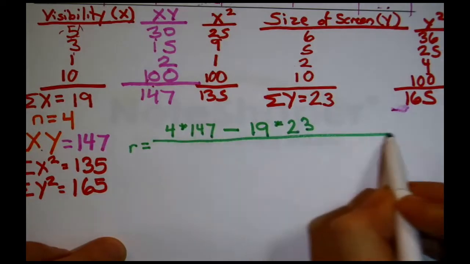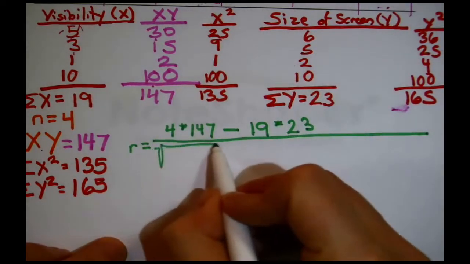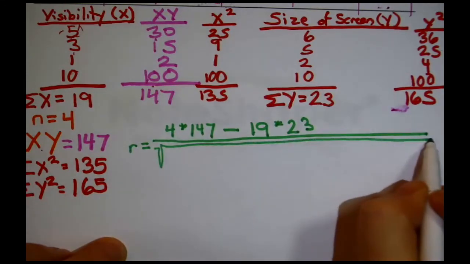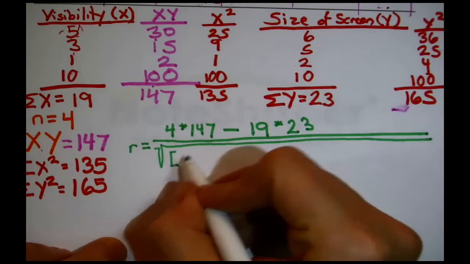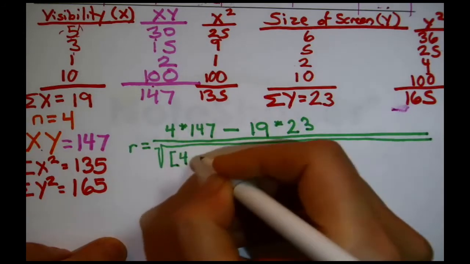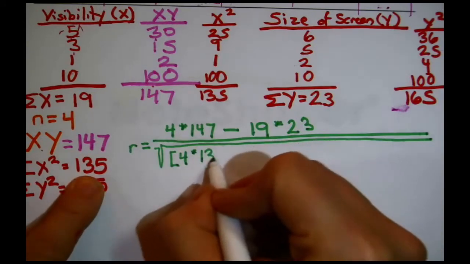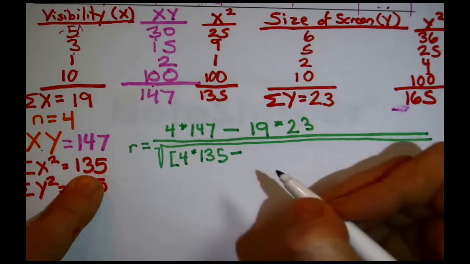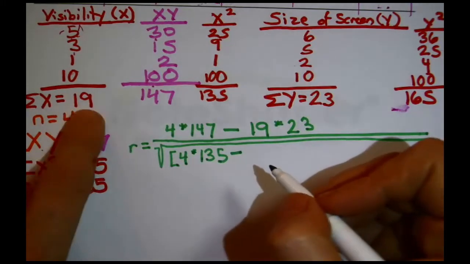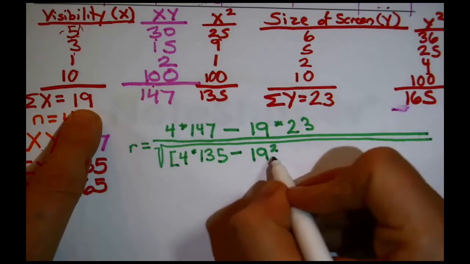That's the numerator. In the denominator, I need to leave plenty of room because it is a big square root in the denominator. Now, what is within the square root? Well, there were square brackets, and then it says n. Okay, that's 4. N times the sum of x squared, that's the 135, minus the sum of x, squared. Now that's where you take the original sum of x, 19, and you square it, 19 times 19.